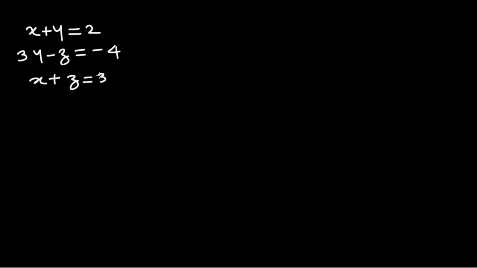Let us solve linear equations in three variables by using Cramer's rule. The first equation is x plus y equals 2. Second equation 3y minus z equals -4. Third equation is x plus z equals 3.